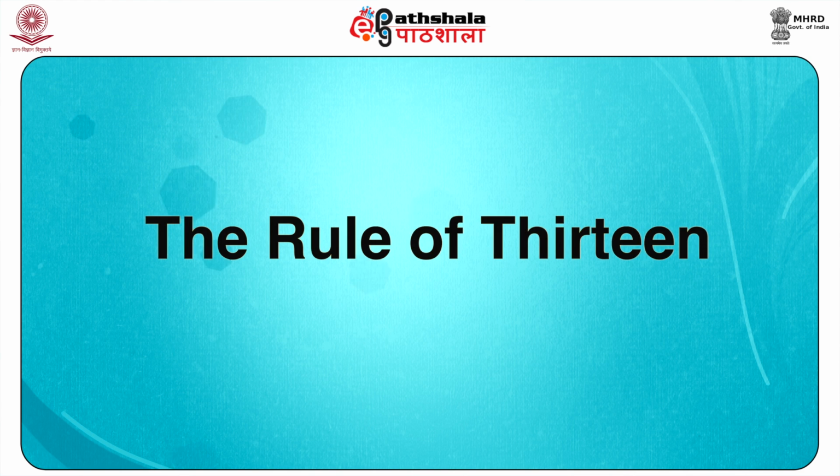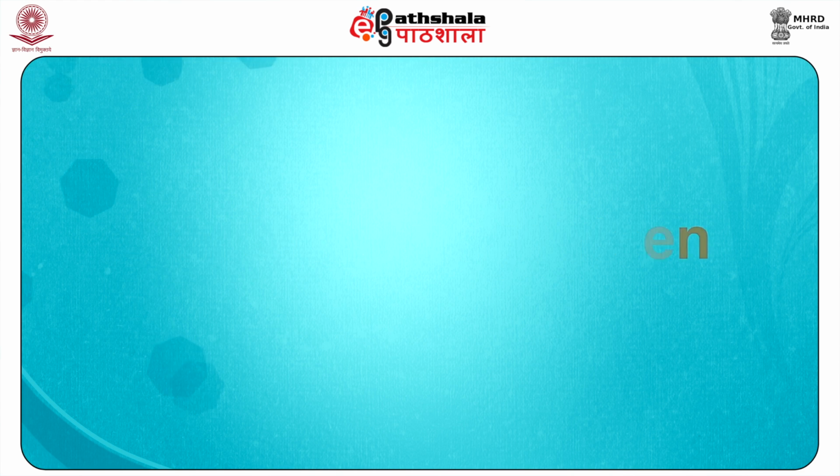Let us now come to the study of the rule of 13. Now students, the rule of 13 is a useful method for determining the possible molecular formula of a compound from its molecular mass. In the rule of 13, first a base formula is generated which consists of only hydrogen and carbon atoms. This base formula is calculated by dividing the molecular mass by 13, because the masses of carbon and hydrogen add up to 13, that is 12 plus 1 is equal to 13.